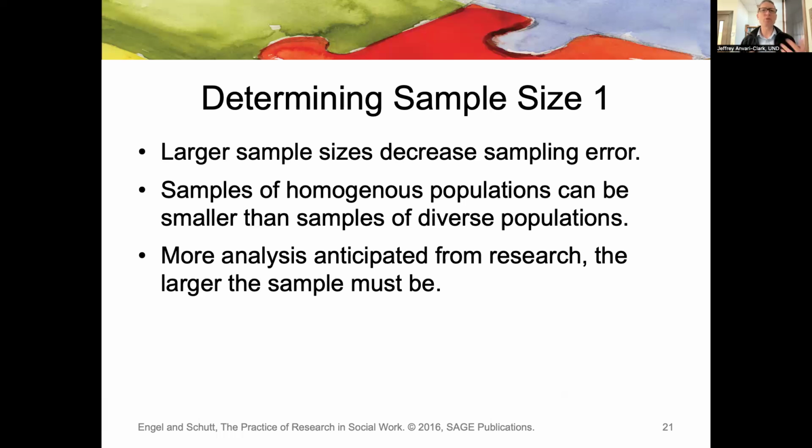A lot of times we call these control variables. Are they relevant? Maybe there's some literature out there that says these are really important variables when we determine a person's mental health or their financial well-being. So how many can we include? Every time we include another one, we're going to need more people, because that's one more data point that we're going to be doing research on, and it has to be sufficiently powered.